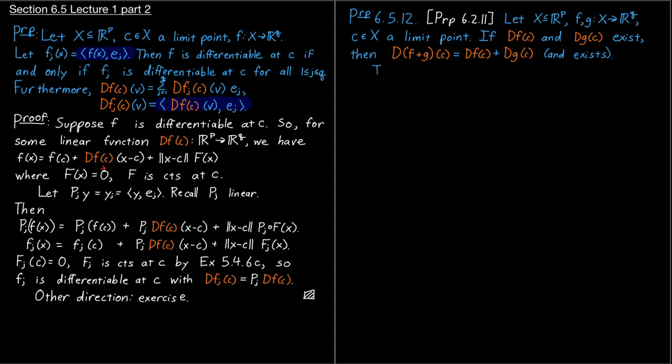And furthermore, if alpha is a real number, then the derivative of a constant times f is that constant times the derivative of f, in the sense of multiplying functions. Remember, df of c is a function, so alpha df of c is the function you get by taking df, evaluating it at a vector, and whatever you get, you multiply by alpha.